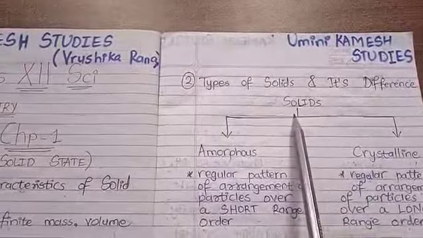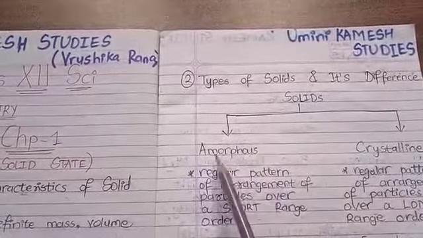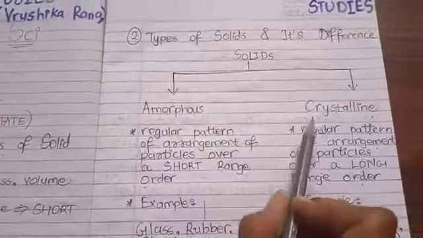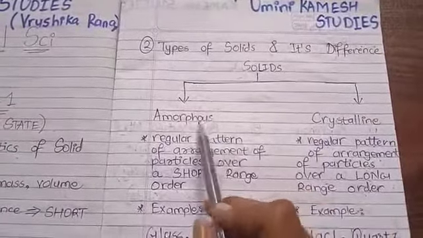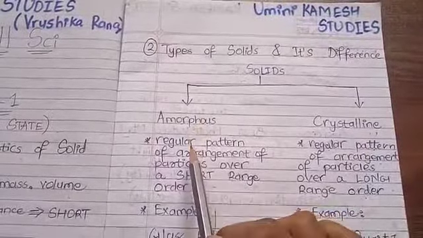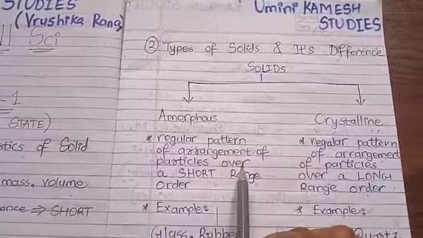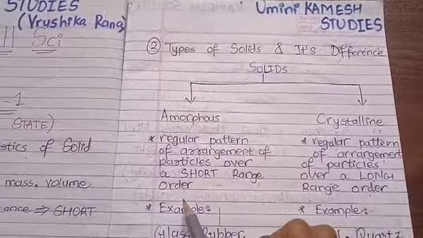Solids are divided into two different categories, that is amorphous solids and crystalline solids. So what are amorphous and what are crystalline? Amorphous is a regular pattern of arrangement of particles over a short range order.